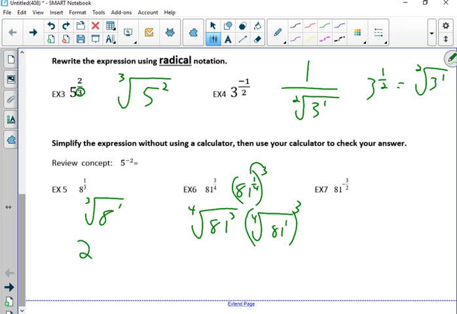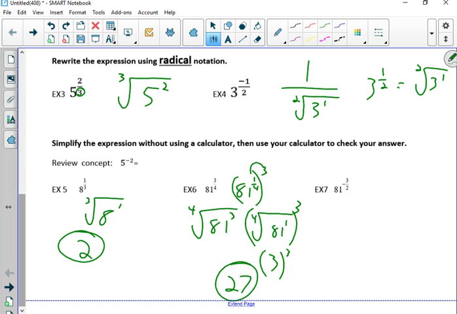This is a different way of writing it. Notice, it's pretty much the same thing, just we're moving the 3 outside, putting the whole thing in parentheses. So what we do is, we say, what is the 4th root of 81? Well, that's 3. And that's going to be cubed, which makes it 27.